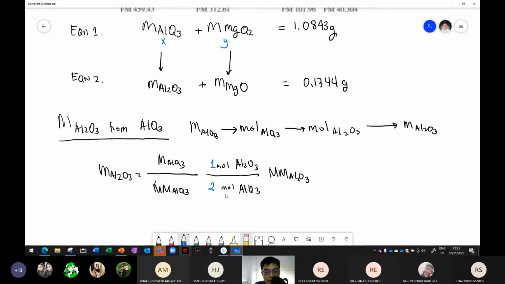Basta ang goal is to make the atoms the same. Dito, dalawang aluminum sa numerator because you have the subscript times the coefficient, so 2. So, sa denominator, dapat ganun din. So, what you will multiply sa 1 para maging 2, edi 2. So, you obtain the correct factor.